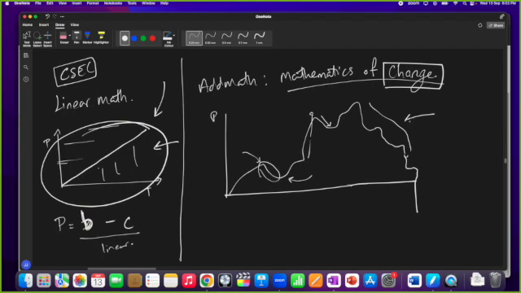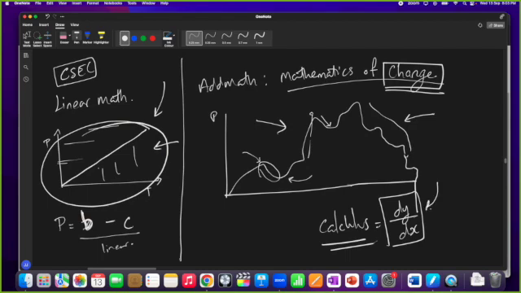Everything in life has to do with change. And so mathematics, add maths, is the mathematics of change. And that is when we get into something called calculus. Calculus is when we do dy over dx and that kind of thing. This is actually the mathematics of change.